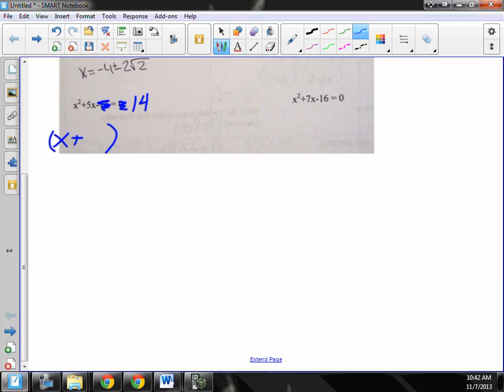Half of 5, so it's just 5 over 2 to the second. Well, what is 5 over 2 times 5 over 2? 25 over 4. So 5 times 5 is 25. 2 times 2 is 4. So I add 25 over 4.